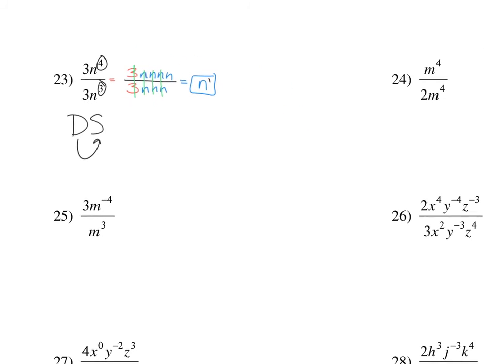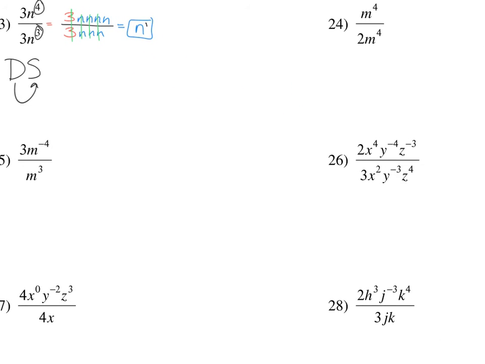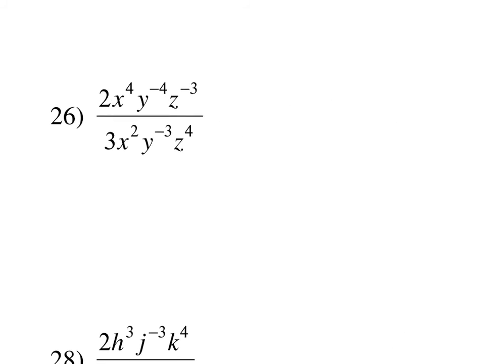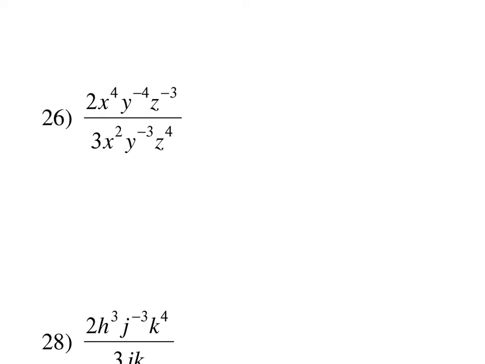Expanded form works while the numbers are small and not that complicated, but when we start giving you things like number 26, the expanded form gets kind of crazy. So here is the expanded form for this one. Now we have to take care of these negative exponents first. So this is a negative exponent, this one has a negative exponent, and this one has a negative exponent.